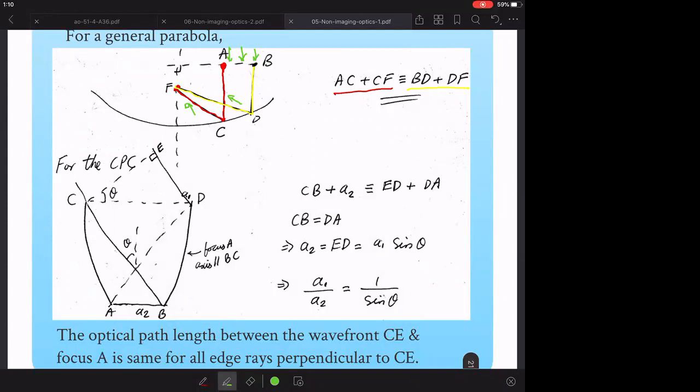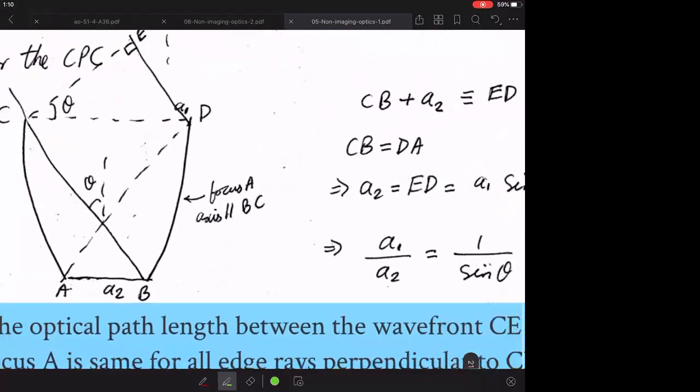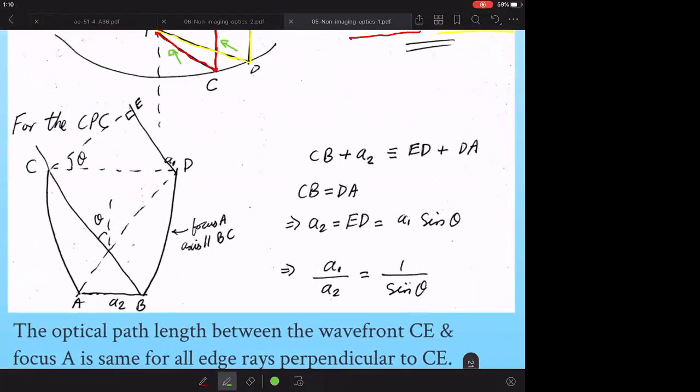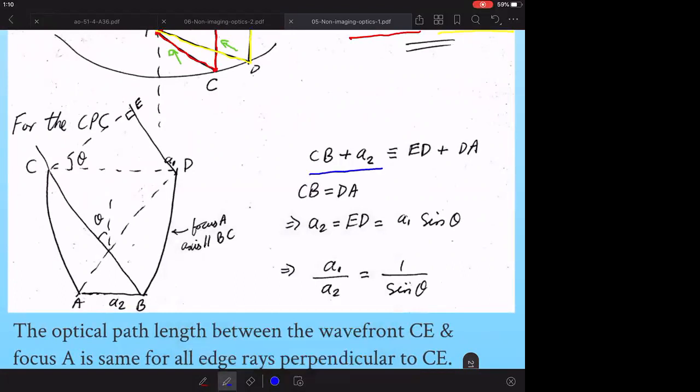Now for the CPC, if you apply this condition, let's look at the edge ray shown here. We can look at just one side. Let me change the colors, easier to see. So CB plus A2. CB plus AB is also A2, which is the size of the receiver, and it is equal to ED plus DA.